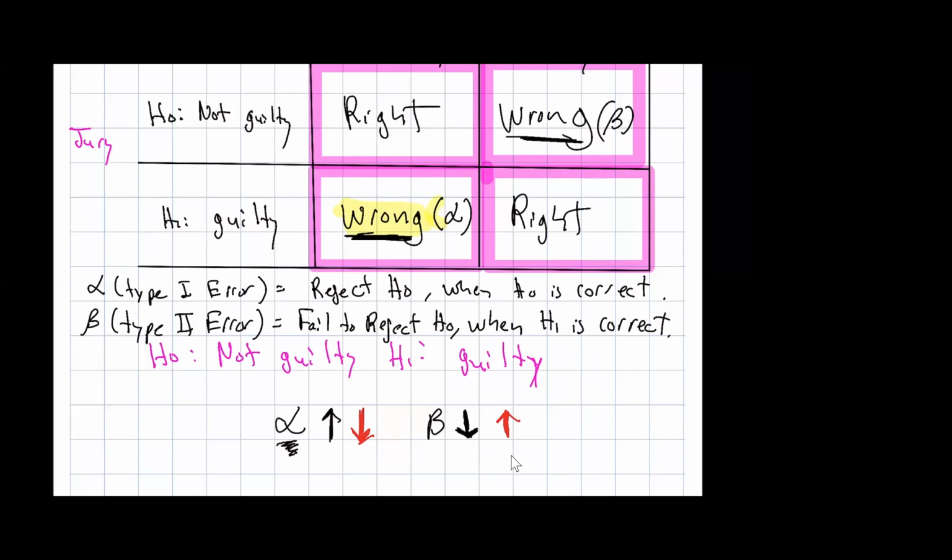So now there are going to be more people that I don't send to jail that might have been considered guilty. So just know, if one of the percentages goes up, the other percentage should go down, or vice versa. If type 2 error goes up, type 1 error will go down.